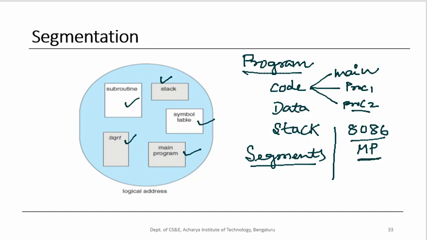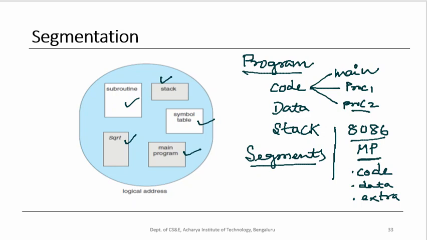But if you look at the assembly language code that we write for the 8086 microprocessor, the programmer will explicitly specify the segment name like this: code segment, data segment, extra segment.